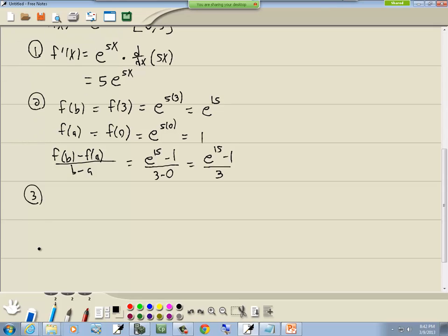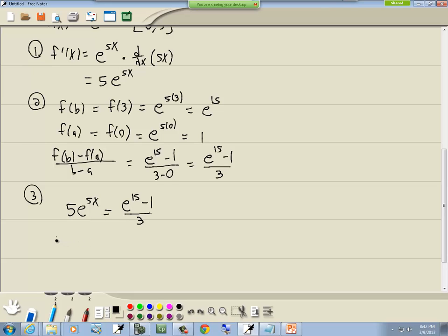Step 3, set our derivative, which was 5e to the 5x power, equal to this. So we get e to the 15th minus 1 over 3. Now we want to solve for x, and this is an exponential equation, and our steps for solving an exponential equation say to get the power of the variable and the exponent by itself. No numbers in front of it, no numbers after it.